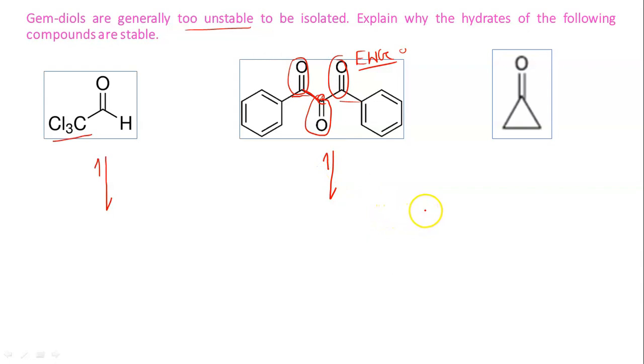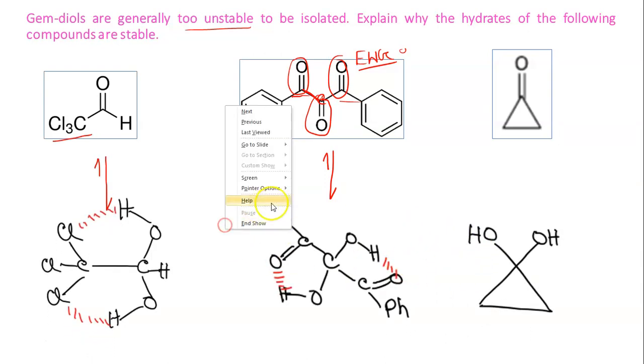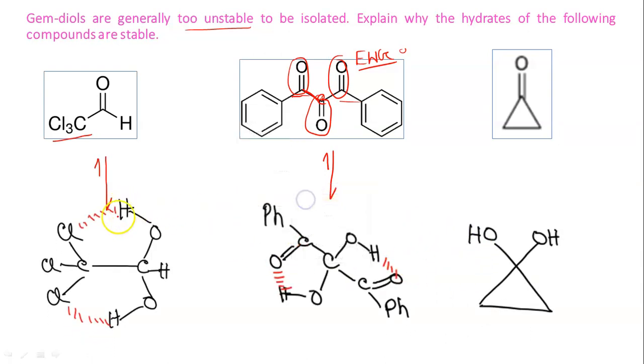And in the last compound, that is cyclopropanone, we do not have any electron withdrawing group, but still we can isolate the hydrate. So we will see the reason. First, let's see the first two compounds. Here we have hydrogen bonding between chlorine and the hydrogen we are getting from the hydrate. So now you can see two OH groups. So this is our hydrate.